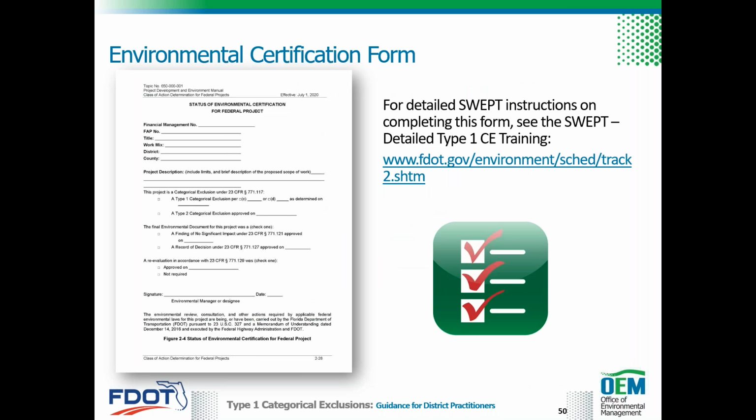After checklist approval, the environmental certification form is filled out and signed with a determination date by the District Environmental Office in SWEPT. This form is required for federal aid application. And you can view the SWEPT detailed Type 1 CE training for instructions to fill out this form, and also instructions on the Type 1 CE checklist at the link that's provided here on the screen.